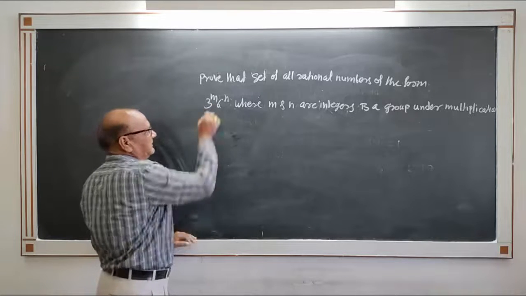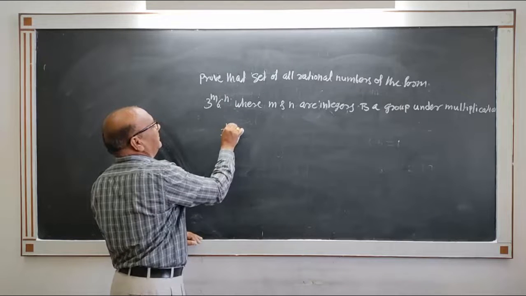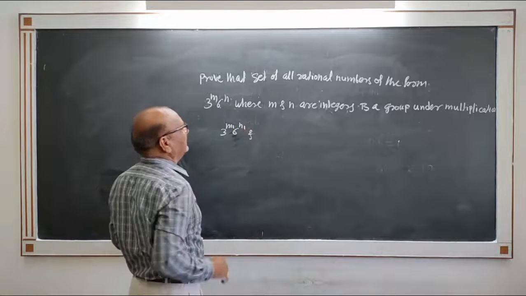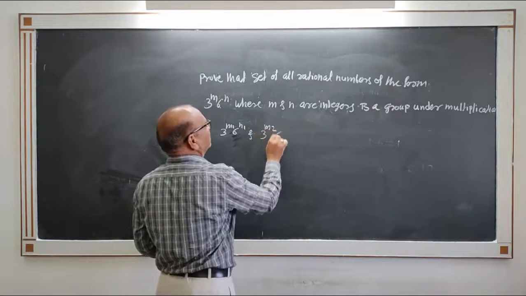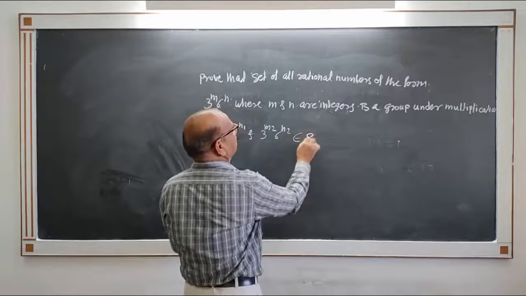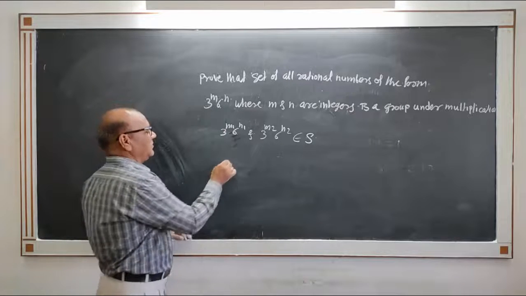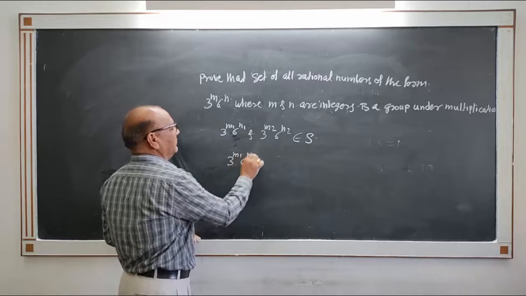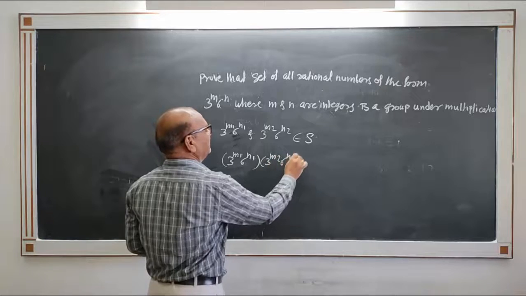Here if we take 3^m1 6^n1 and 3^m2 6^n2 belonging to this set, suppose yes, they are in this set. Now multiply 3^m1 6^n1 into 3^m2 6^n2.